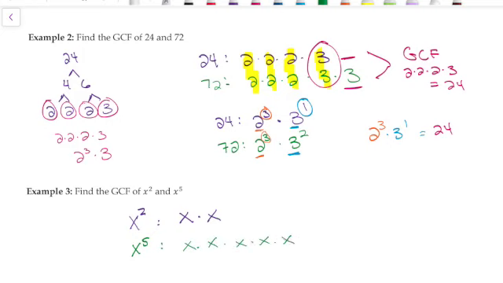Which ones do they have in common? Well, this one and this one. That is x squared. So all we really have to do, instead of writing this all out, is look at these two and say, they both are an x. What is the smallest exponent? That is x squared. So the GCF of these two is x squared, greatest common factor.